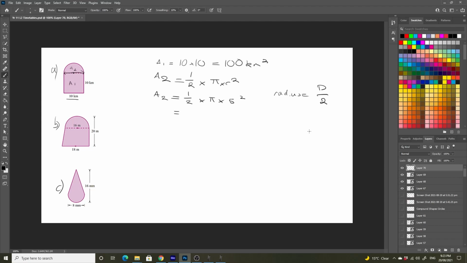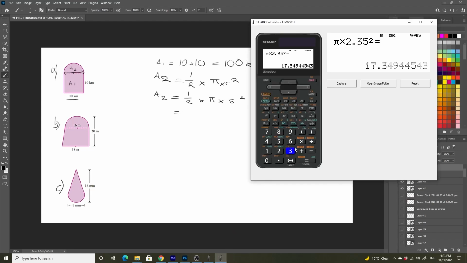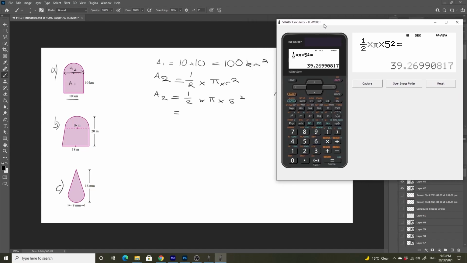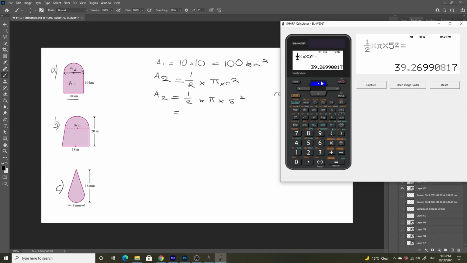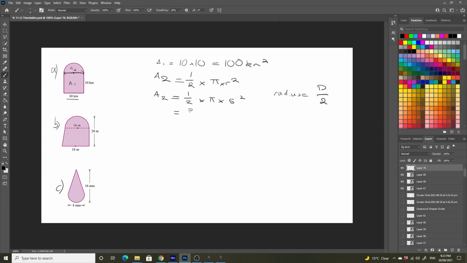Well, let's bring up our calculator and we can do 1 over 2 times pi times 5 squared. Well, this equals 39.269. We'll round to two decimal places, and it's going to be equal to 39.27.